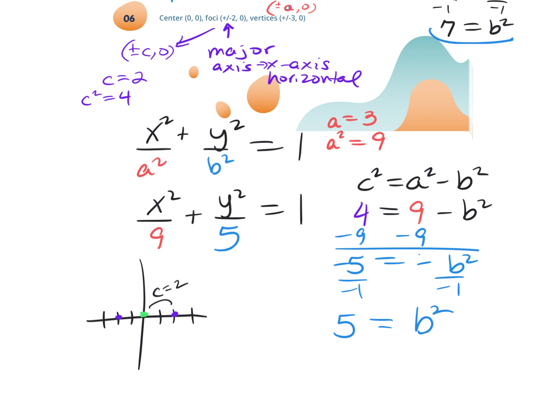And then I could have also graphed my vertices and gotten my a value that way. And a equals 3, the distance from the center to the vertices. But again, really you didn't need to, as long as you memorize the rules. Let's try another example.